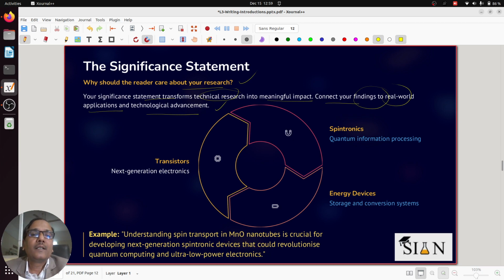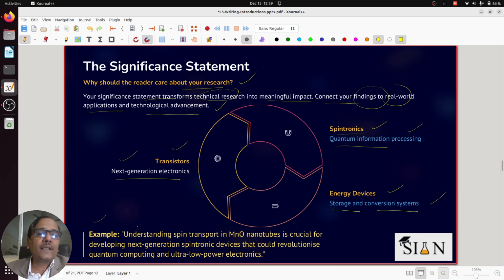That will be the significance of your work, and it is given in the form of the significance statement. For example, spintronics is used in quantum information processing. You have to correlate it with next-generation electronics, nano transistors and transistors. Energy devices: let's connect this with storage and conversion systems.